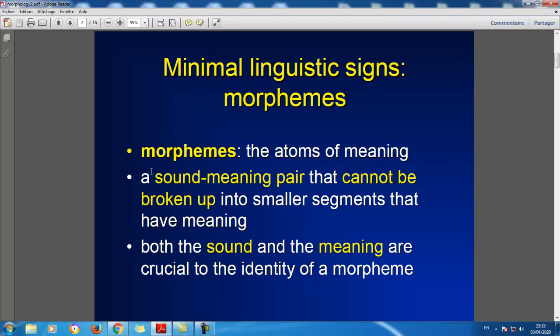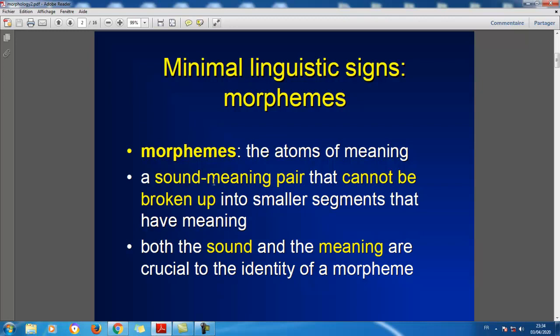Now there is another bit that we can add to the definition of morpheme. It's a sound meaning pair. Look, sound meaning pair, which means that any morpheme should have a form, the sounds that compose it, and these sounds or the form of it denote or refer to a certain meaning.